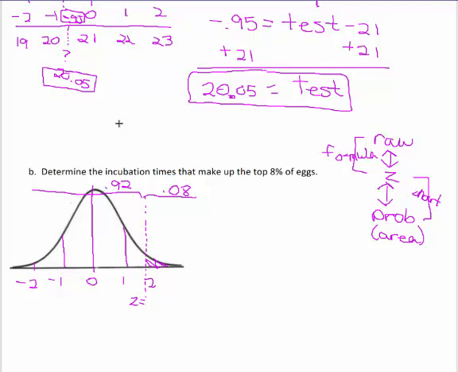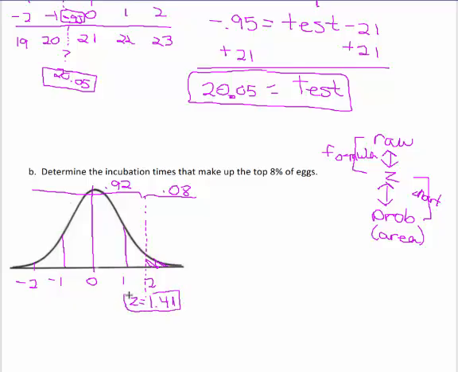And so find as close to 0.92 as you can. Okay, I got it. It's 1.41 is going to be the closest. So this Z is 1.41.